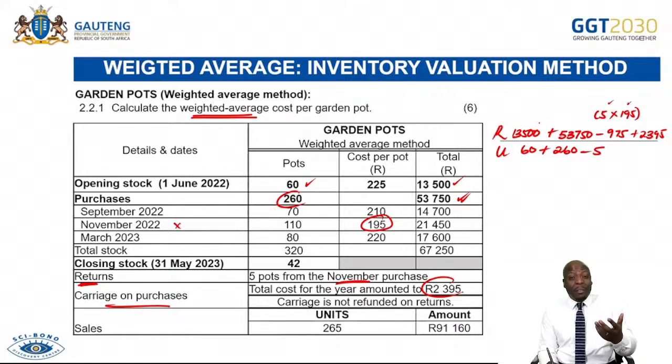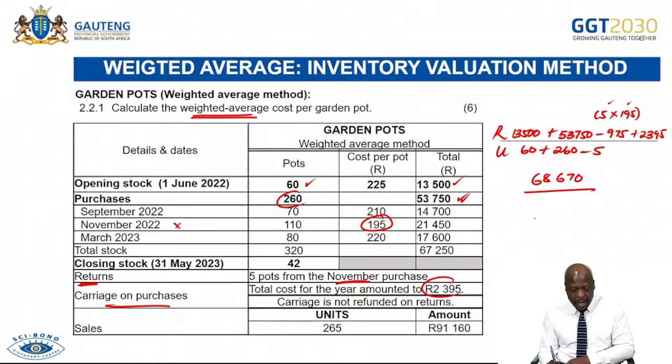I call out the figures for you and then you punch in your calculator so that we can move together. Is that okay? Let's do that. 13.5 plus 53,750 minus 975 plus 2,395. How much do we get? 68,670.